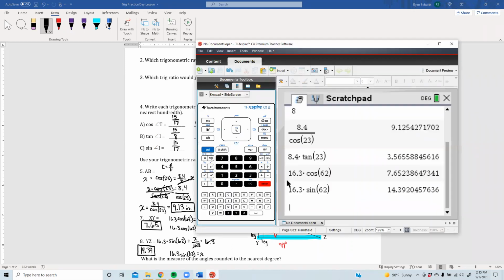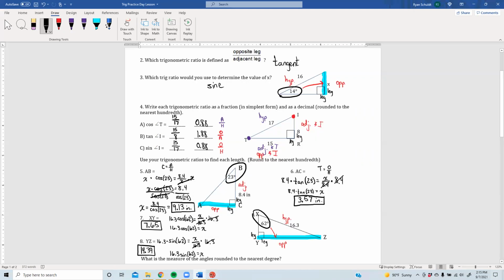I'm going to kind of draw like a little line through here to kind of break these up. There we go. Okay.